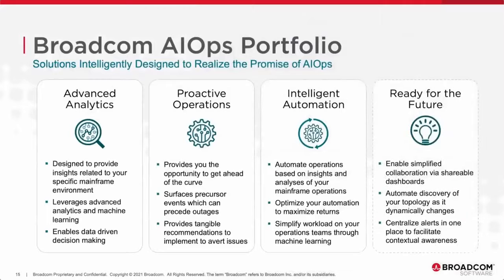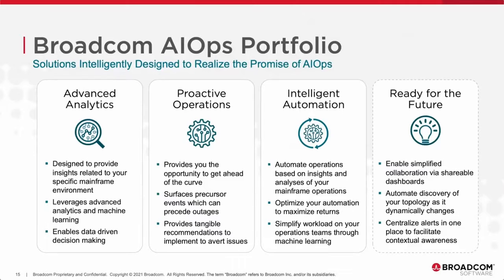When we looked at our portfolio, we looked at those last 2 capabilities that I mentioned in AIOps that we view as AIOps capabilities, and we further broke down our solutions in terms of advanced analytics, proactive operations, so the tools that you're familiar with that you use to help monitor and manage your mainframe operations.